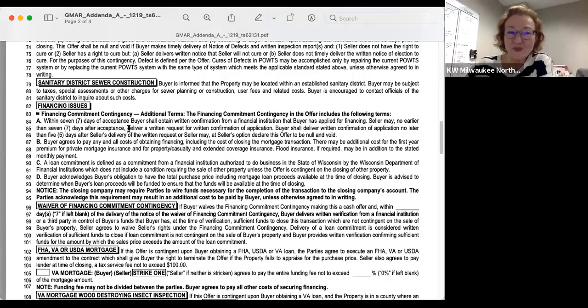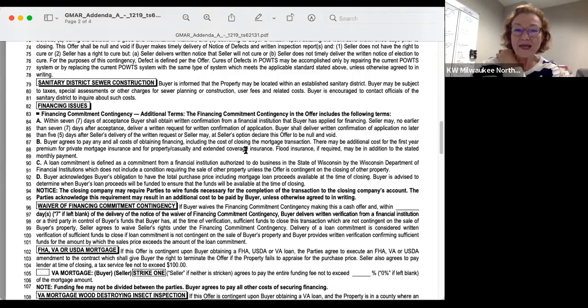But it says within 7 days of acceptance, buyers shall obtain a written confirmation from a financial institution that buyer has applied for financing. You've got to stay with your buyer to make sure that they are on a timely basis, and timely means 7 days to apply.